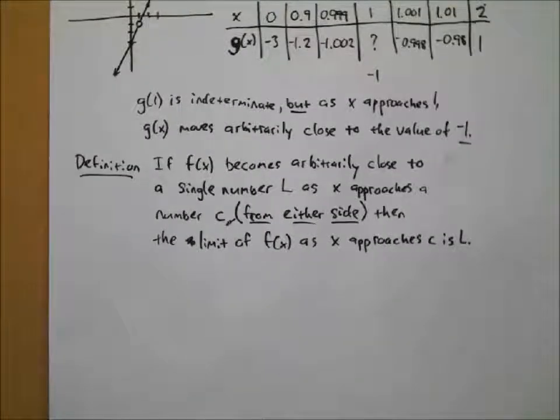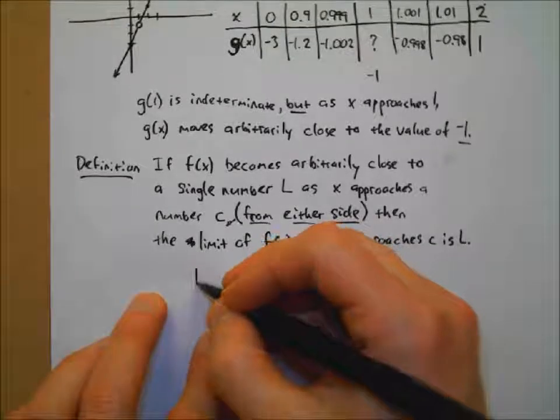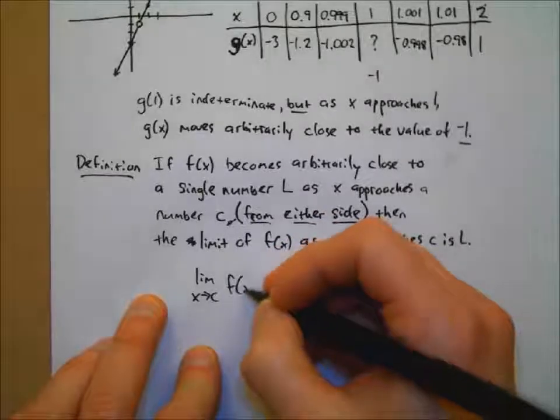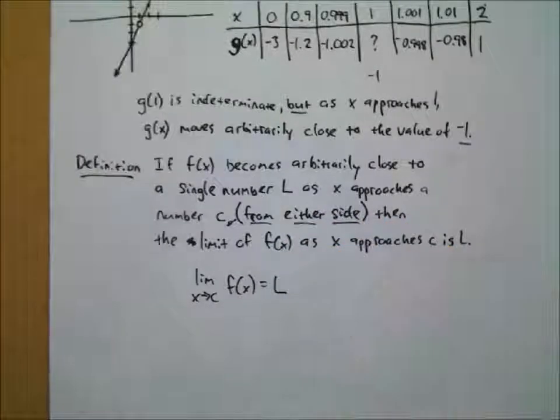Okay, so I'll write it out here as a definition. The way we write that out symbolically is the limit as x approaches C of f of x equals L. That's how you would write that out. The limit as x approaches C of f of x is equal to L. All right. So there's two different approaches that are happening here.